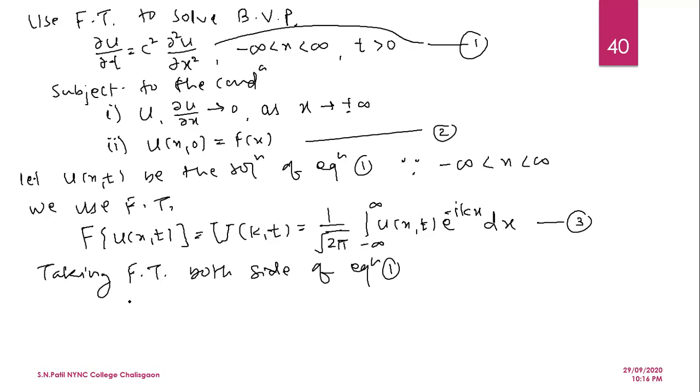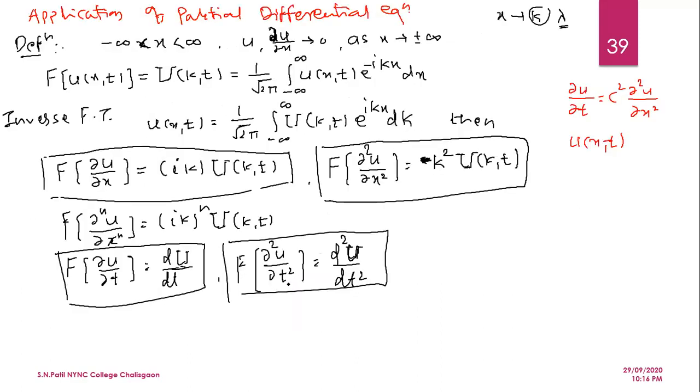Now the Fourier transform of du by dt is equal to c square, which is a constant, times the Fourier transform of the second order derivative of u with respect to x. By the formula, the Fourier transform of the derivative with respect to t is the ordinary derivative, and with respect to x, for second order, is minus k square capital U.